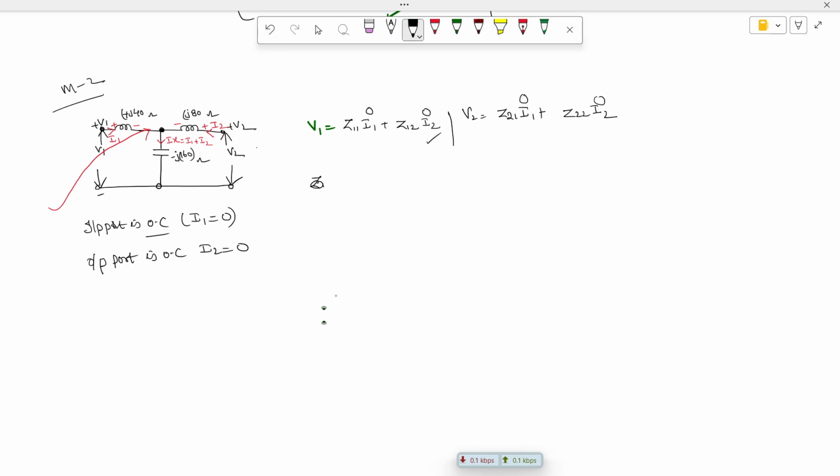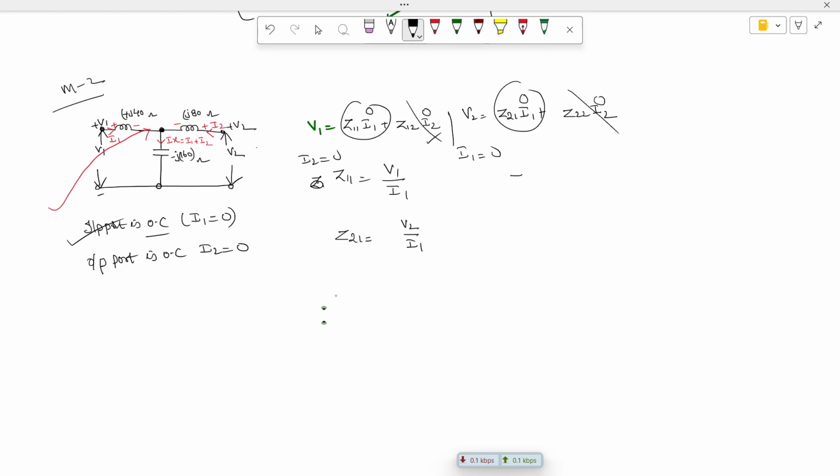Whenever I2 is 0, Z11 is equal to V1 by I1, and Z21 is equal to V2 by I1. Next, as I already told, when the input port is open circuited, I1 is 0, so this term becomes 0.